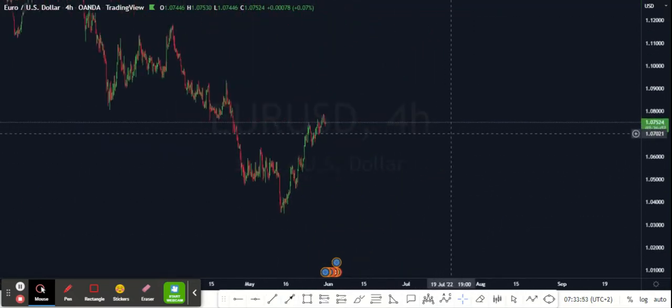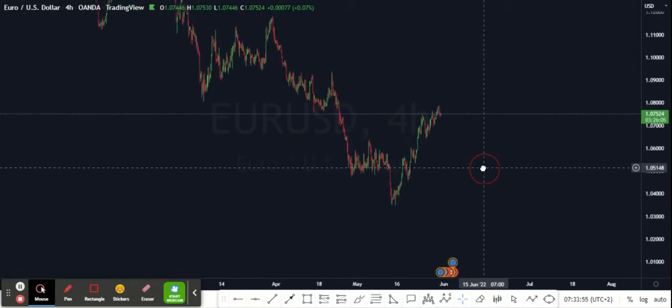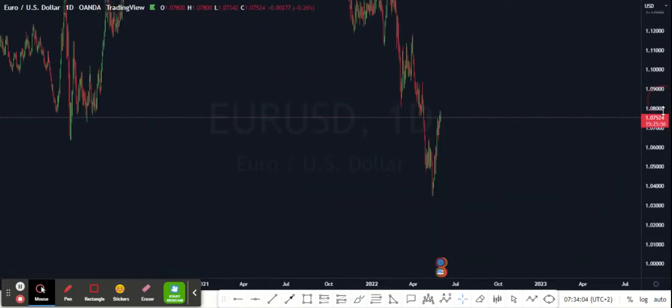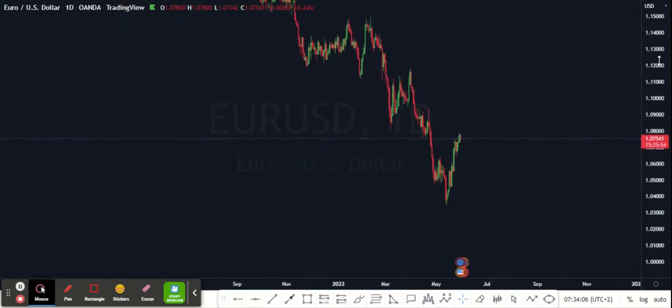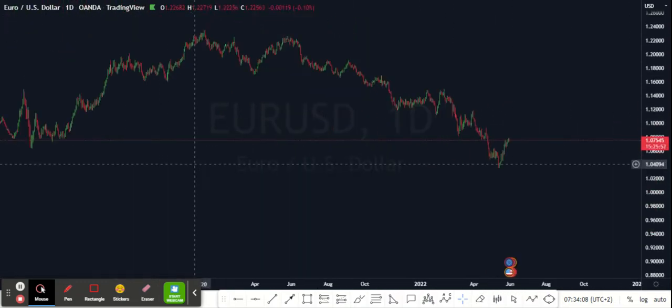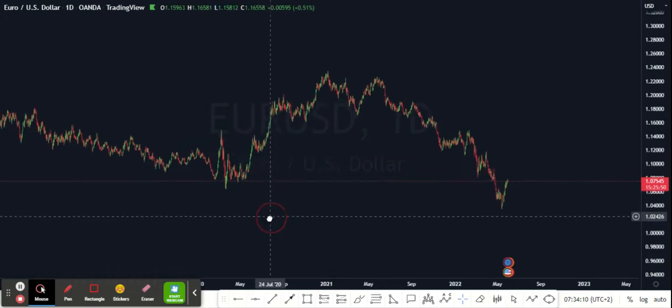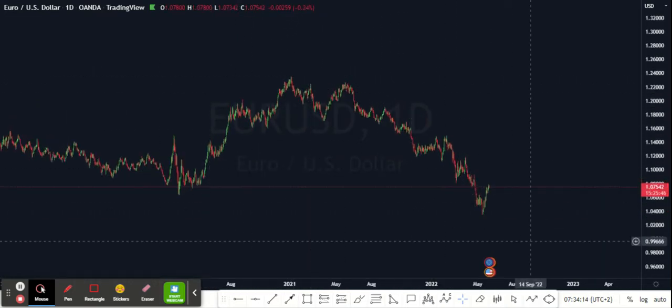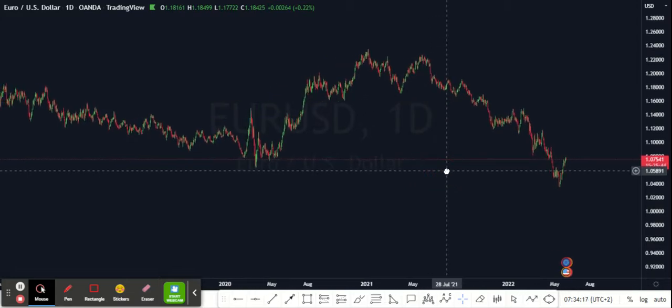We're looking at the Euro US dollar. I'll just go to the daily, so we can see everything clearly and understand what we mean. So I'll look at this structure because now we have an uptrend and a downtrend, right?